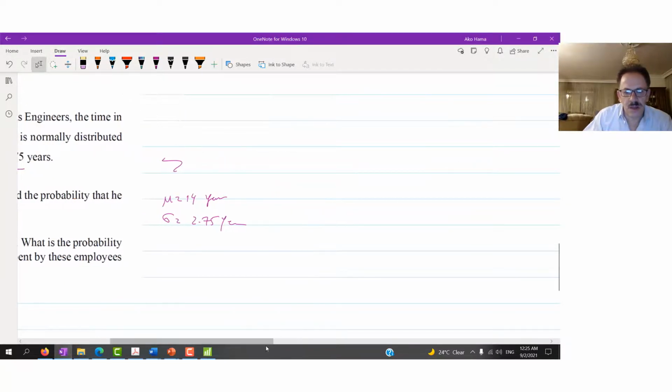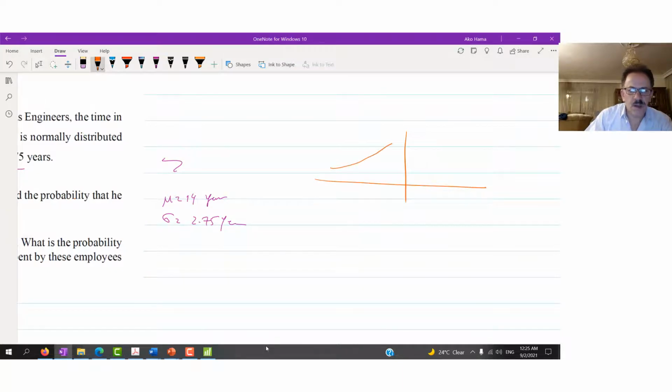So the question is a normal distribution, with mean equal to 14 and standard deviation equal to 2.75. Now we have 13 years.